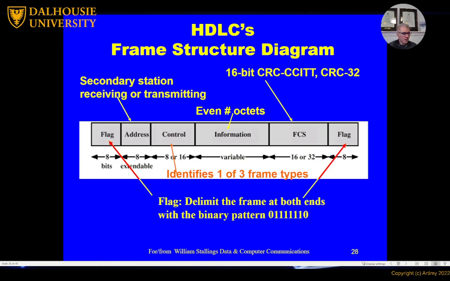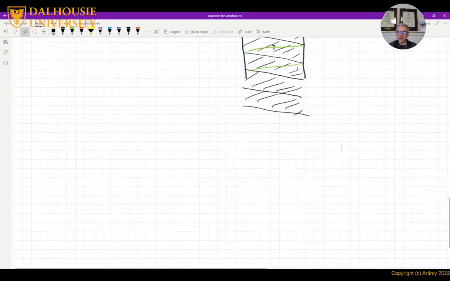Before we talk about the frame structure, I want to explain why the protocol was created in the first place. So a little bit of history.